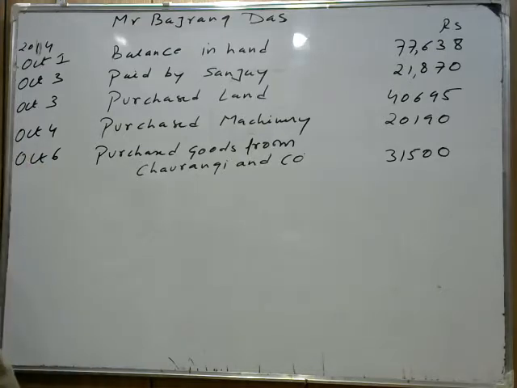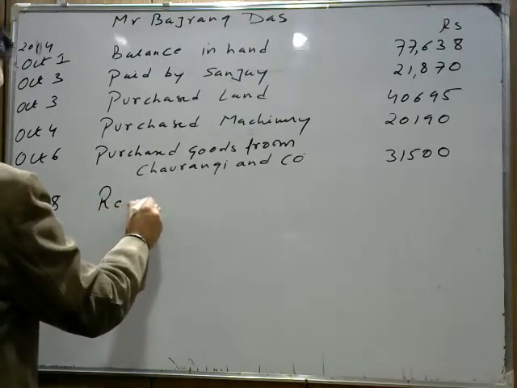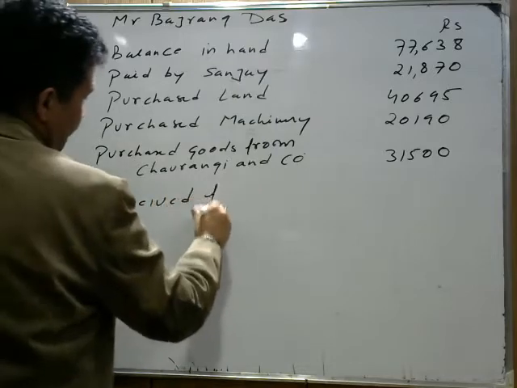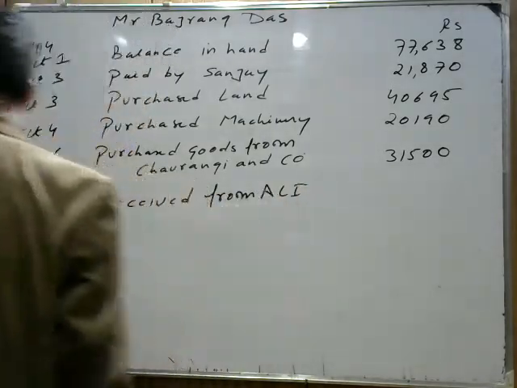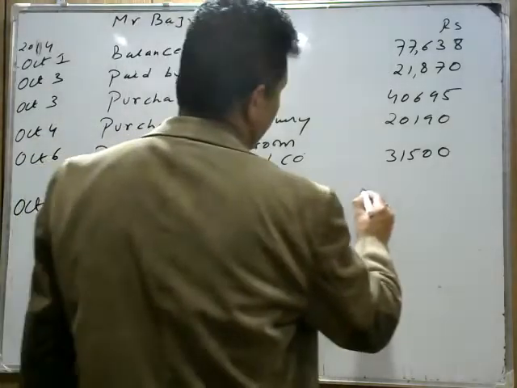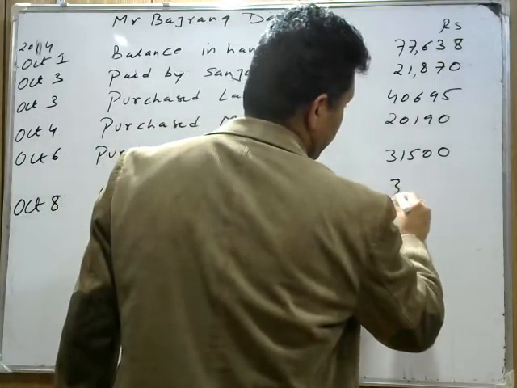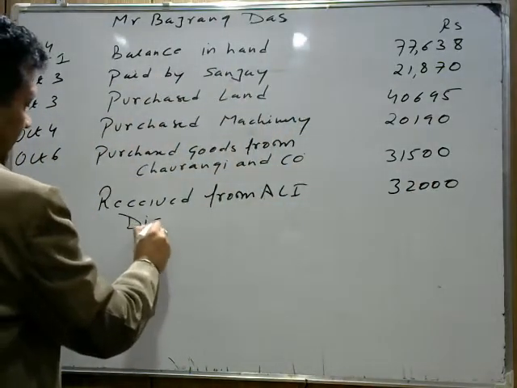Next is October 8. It's mentioned that received from Ali. It means cash received from Ali, and discount allowed 1,000. So you received from Ali 32,000.